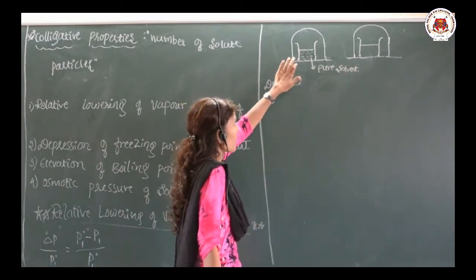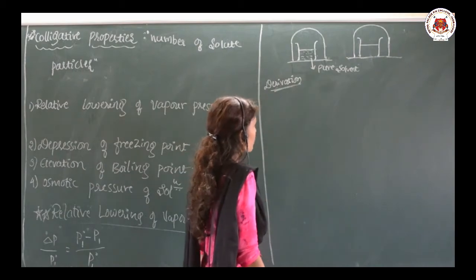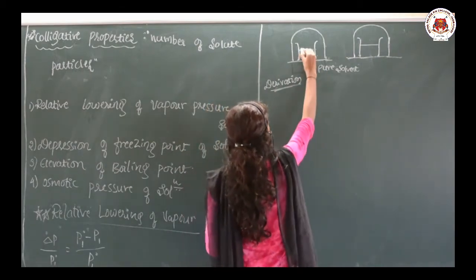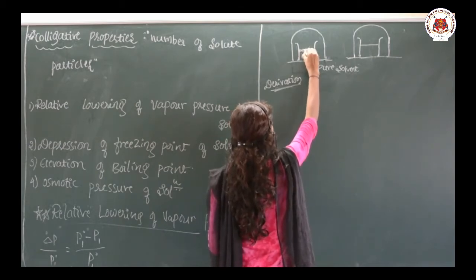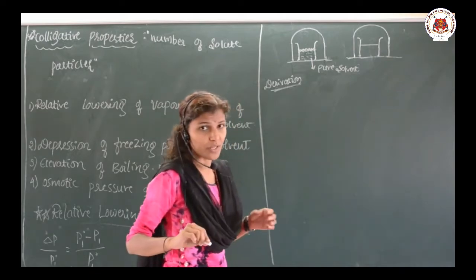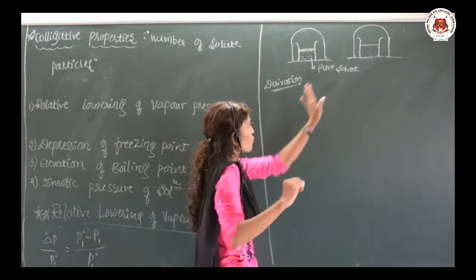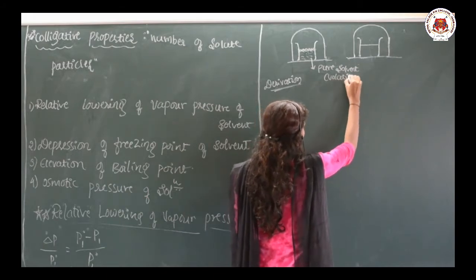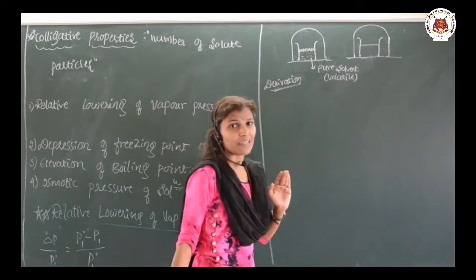Here, in a container we are taking the pure solvent, and as it is only pure solvent, at the surface the solvent molecules are present. This pure solvent is volatile in nature.